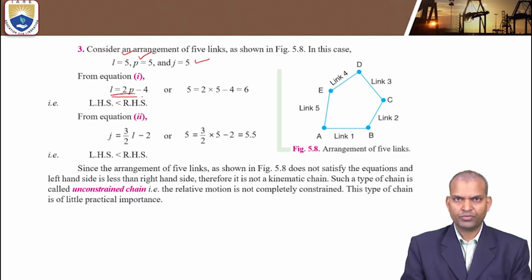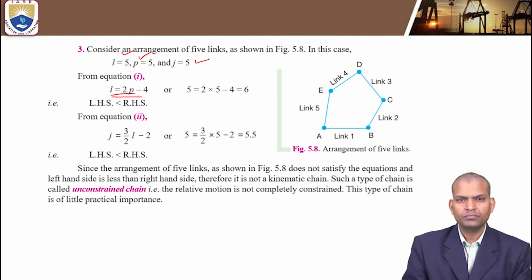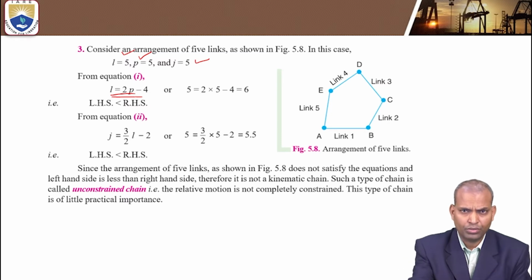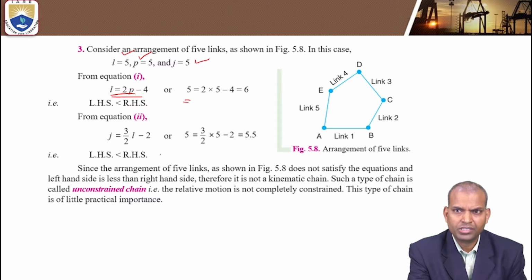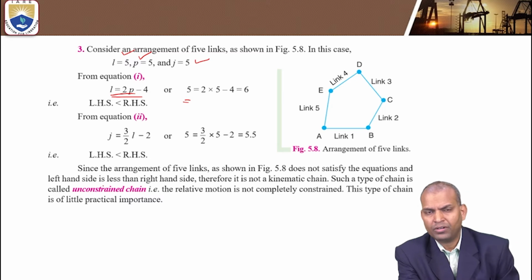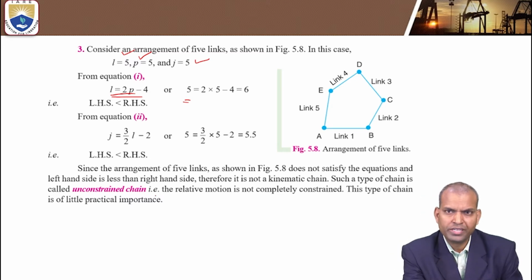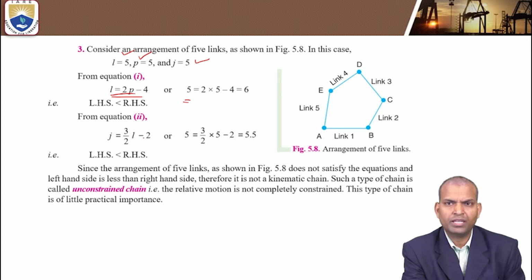Substitute the L, P and J values in equation 1, that is L equal to 2p minus 4. Then what happens? The number of links is 5, and 2p minus 4 is 6. That means LHS is less than RHS. Such a type of chain is known as an unconstrained chain. If you substitute J in 3 by 2 L minus 2, that is J equal to 5, and 3 by 2 L minus 2 is 5.5.